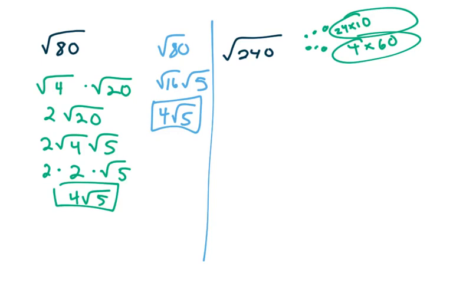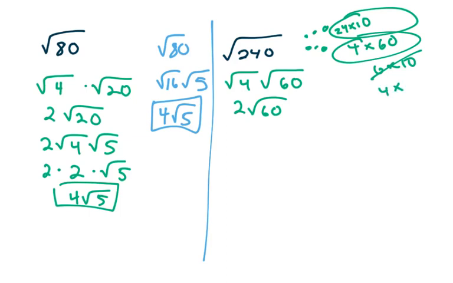So 240 equals, all right, so square root of 4 times the square root of 60 is 2 times the square root of 60. Okay, well, let's see, does the 60 go any further? 6 times 10, nah, that's not going to work. 4 times 15, that one's going to work because 4 is a perfect square.